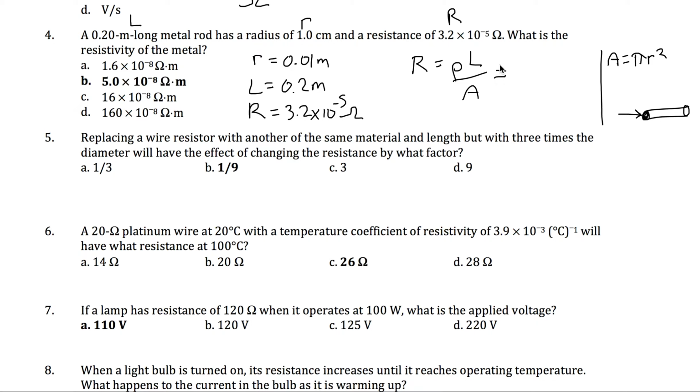And then you need to go ahead and solve for resistivity, which is going to be equal to R times A over L. And then plug in the numbers. We have resistance here, the area that you found right here, divided by the length, and we should get a resistivity of 5 times 10 to the negative 8.